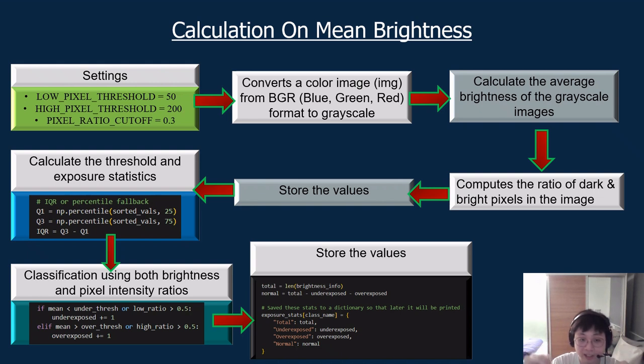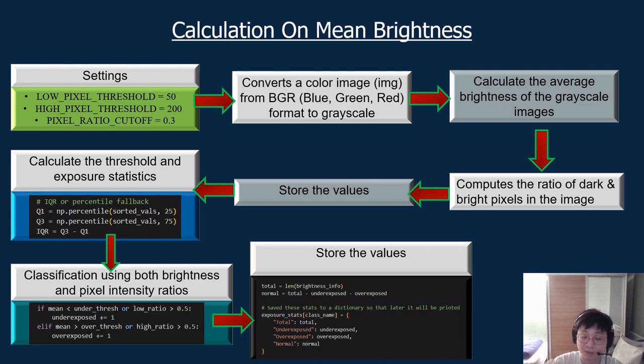For example, with a bar chart, if the mean falls in the middle, below 0.5, it is considered underexposed, and if it is above, it is considered overexposed. Then we store the values in another list, which is printed out to show the total number of underexposed, overexposed, and normal range images.